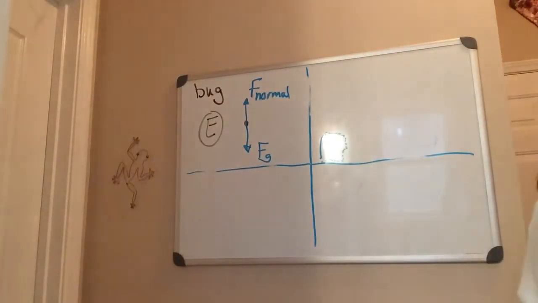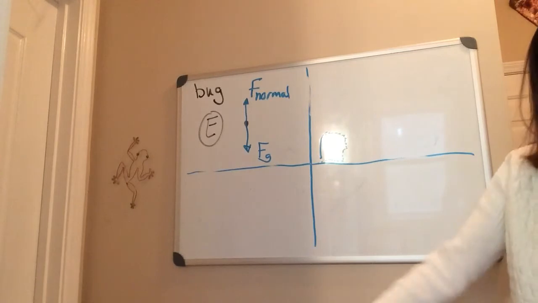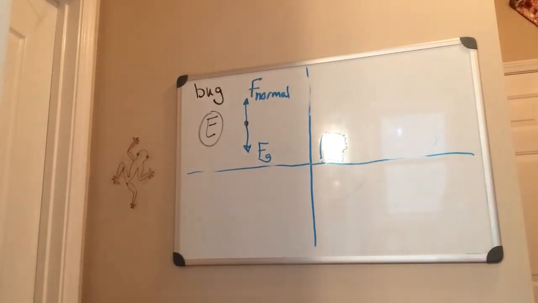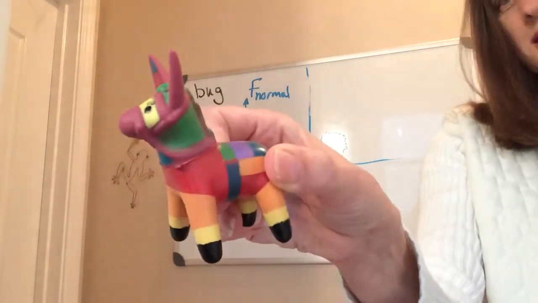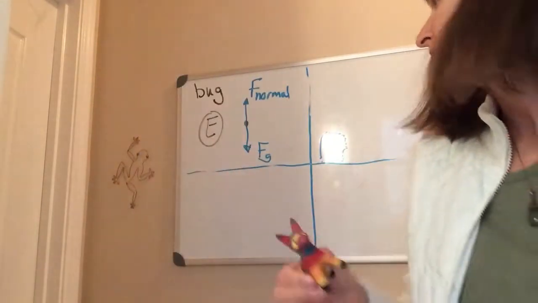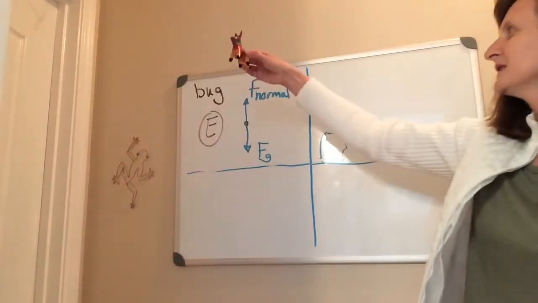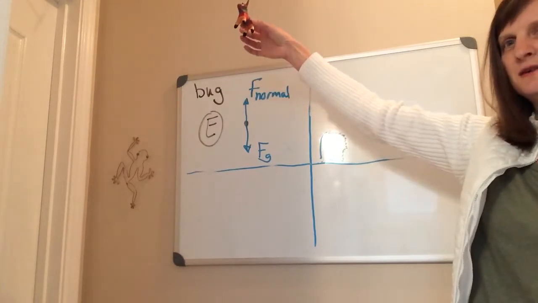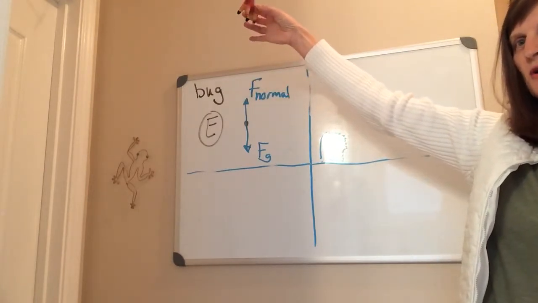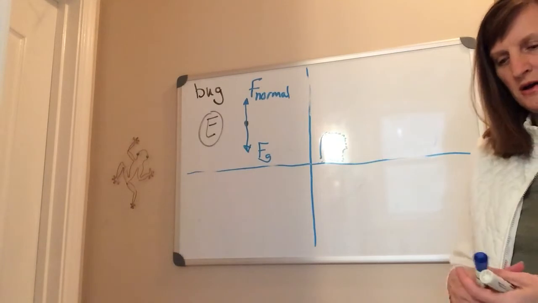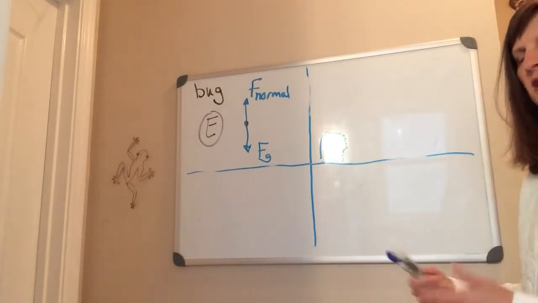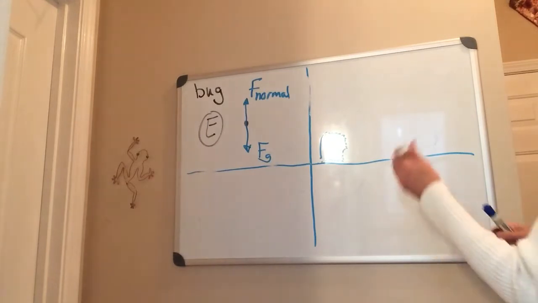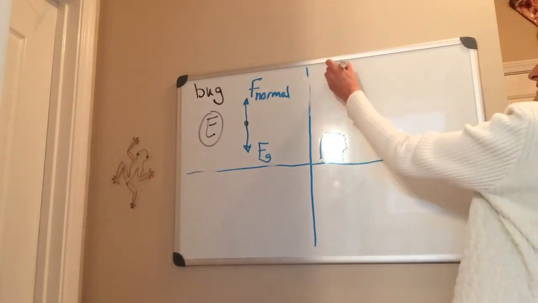All right, my second example is over here on the floor. Just grab him really quickly. It is my little piñata that I got from brick and mortar school. And I'm going to take the piñata and I'm going to drop him. Woo! All right, so what symbol do we use to draw and represent the piñata?